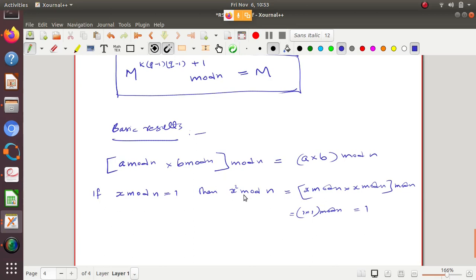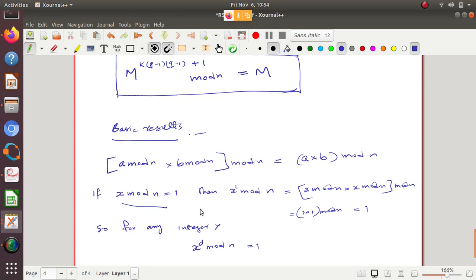So if we are taking x cube, we can write the same thing like that. So for any integer y, we will have x to the power y mod n is equal to 1 if x mod n is equal to 1.